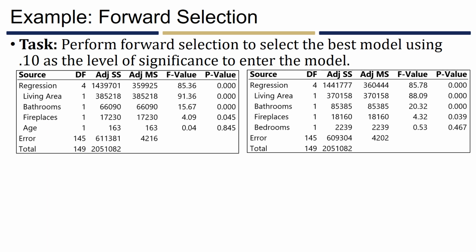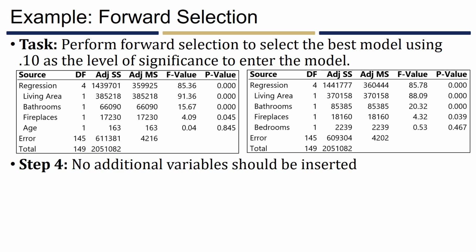We now have 3 predictors in our model: living area, bathrooms, and fireplaces. So now what we're going to do is test age and test the number of bedrooms, given that these other 3 predictors are already in the model. Notice that if we include age in the model with the other 3 predictors, we get an F statistic of 0.04, which gives us a p-value of 0.845. If we do the same thing for number of bedrooms, our F statistic is 0.53 for a p-value of 0.467.